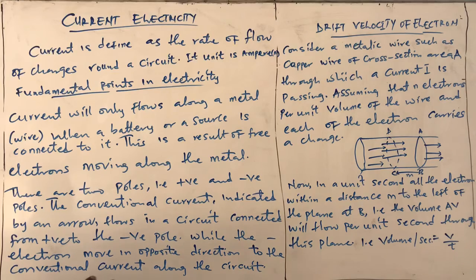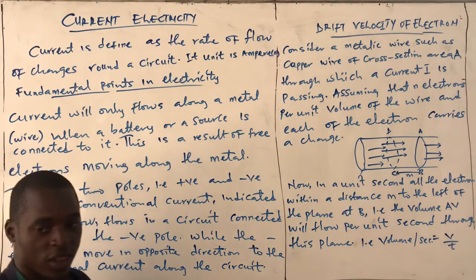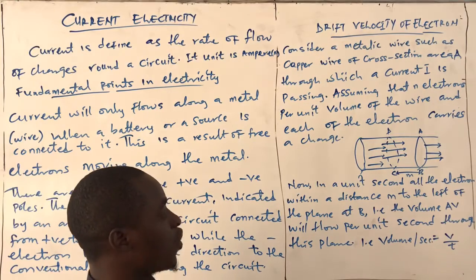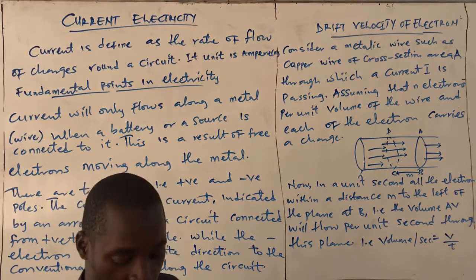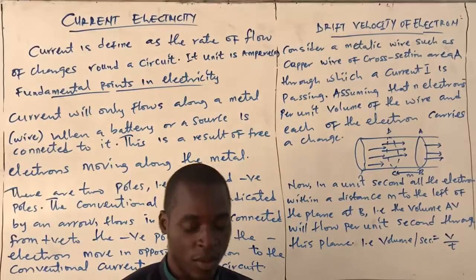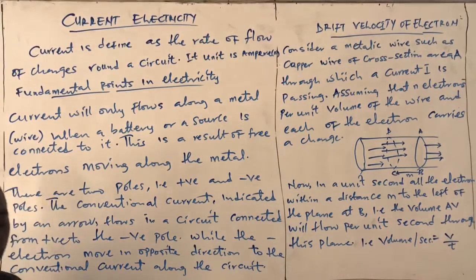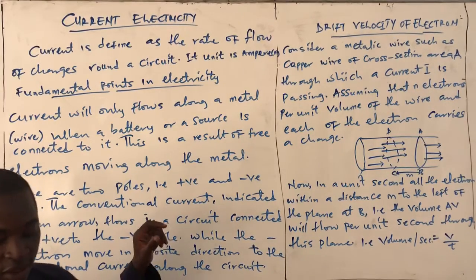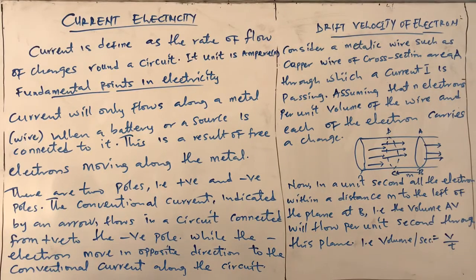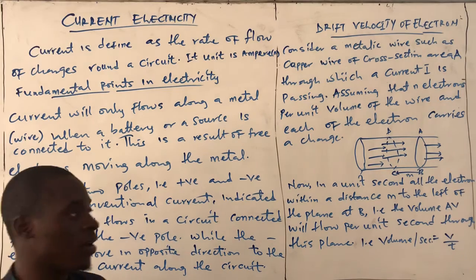So the current flows from the positive to the negative, while the electron moves in the opposite direction of the conventional current along the circuit. So in all DC diagrams, an arrow is always placed on the wire to indicate the conventional current that flows from the positive terminal to the negative terminal.